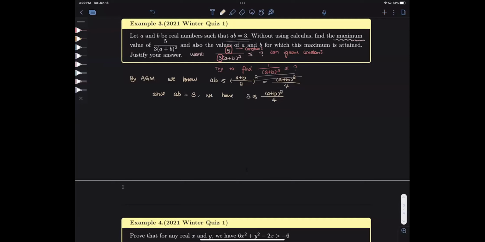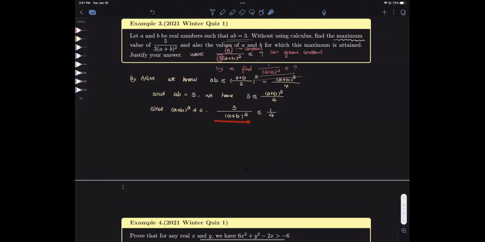Now we have this expression, that means this cannot be 0, so I can divide by this. Since (a plus b) squared is not 0, we can divide both sides by it. That gives me 3 over (a plus b) squared is less than or equal to 1 over 4.